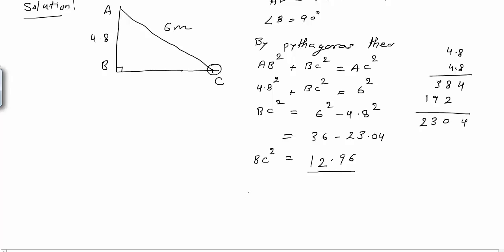Therefore the value of BC will be equal to the square root of 12.96. For this square root, what can we use? We can use the long division method.